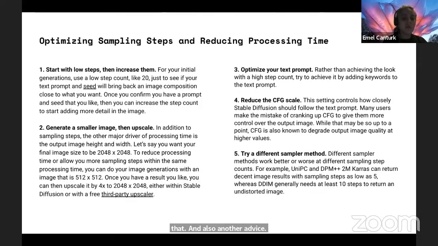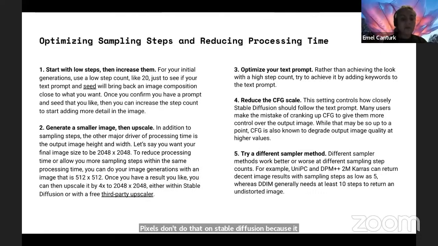Another piece of advice: generate a smaller image and then upscale. Let's say you want your final image size to be 2048 pixels. Don't do that directly on Stable Diffusion because it will take a really long time.